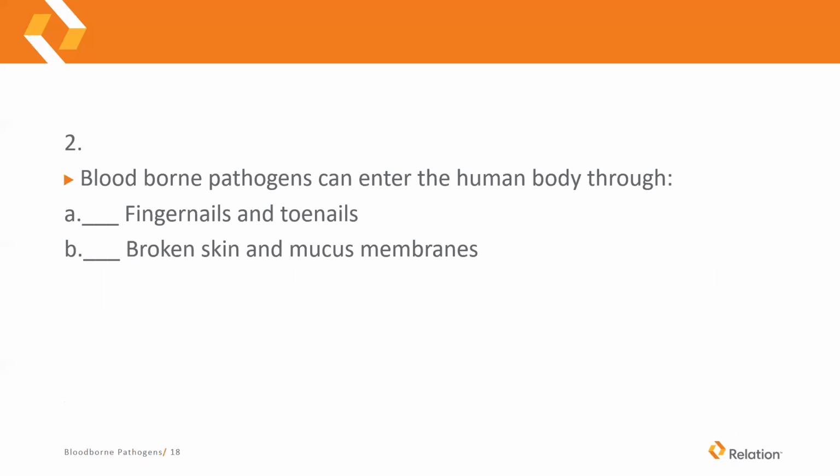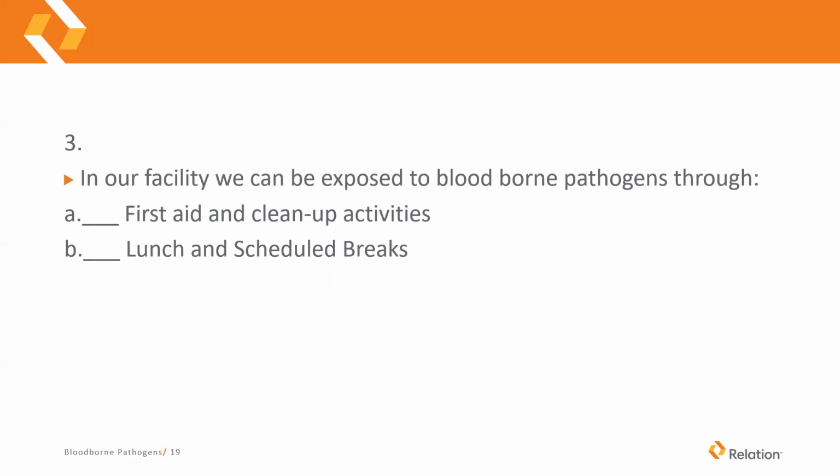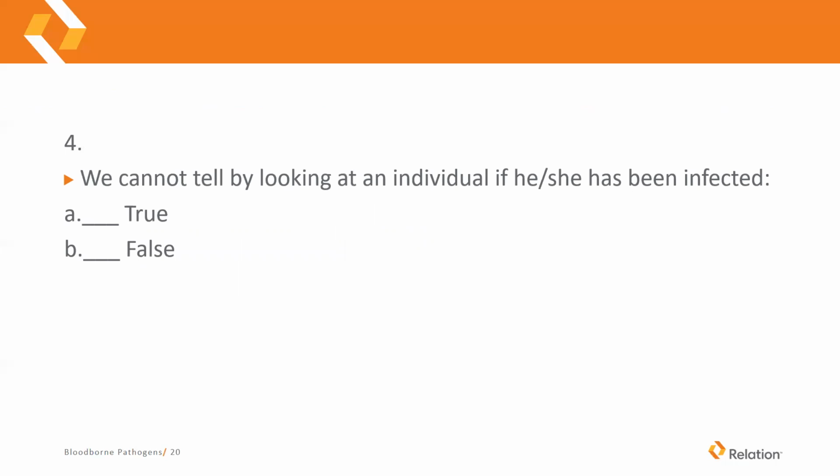Number 3, in our facility, we can be exposed to bloodborne pathogens through A, first aid and cleanup activities, B, during lunch and scheduled breaks. Number 4, we cannot tell by looking at an individual if he or she has been infected. A, true, B, false.